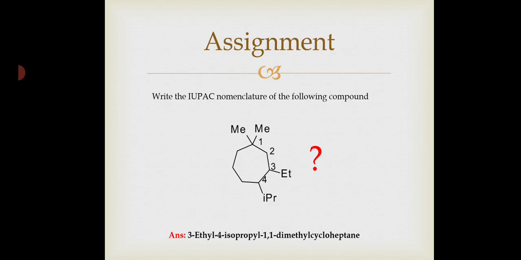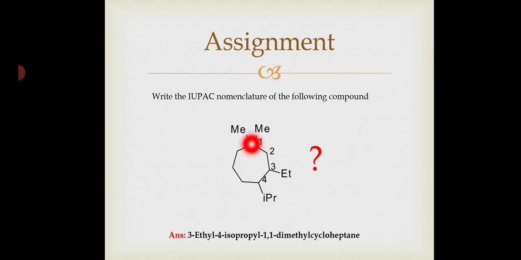There are 3 different substituents: 2 methyl groups at 1 position, an ethyl group at 3 position, and an isopropyl group at 4 position.